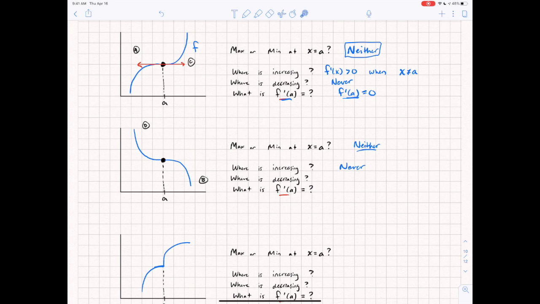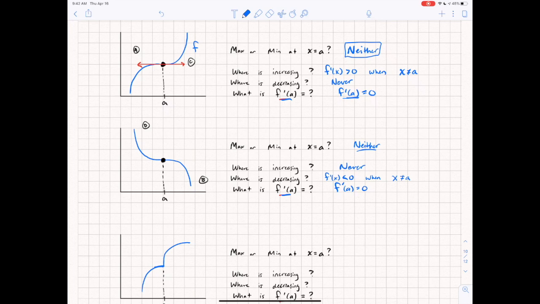But it is decreasing. And just like the other one, it's decreasing everywhere but at this specific value at A. Because at this moment, I'm sitting still. So I would say that f prime is negative everywhere but A. So what's happening at A? Well, it's a horizontal line. f prime of A is equal to 0.